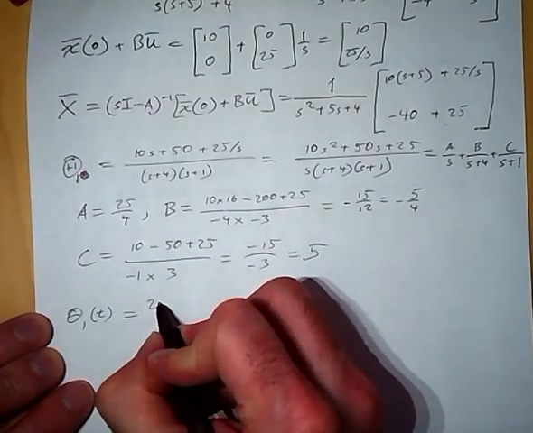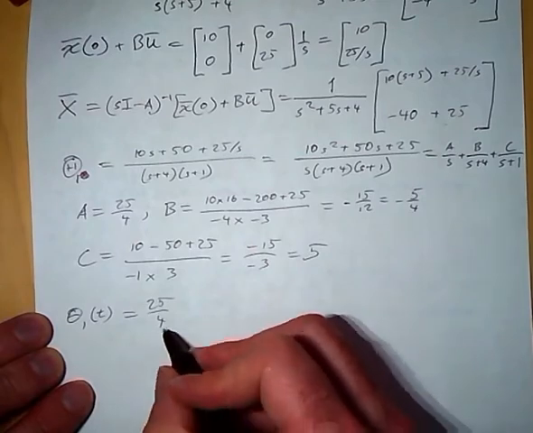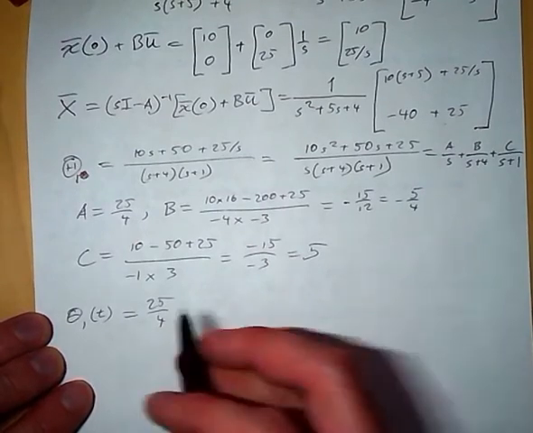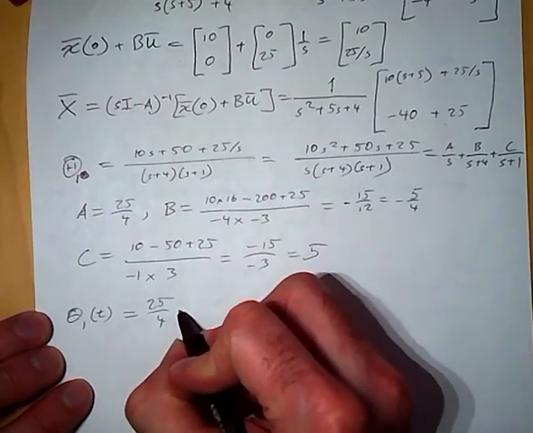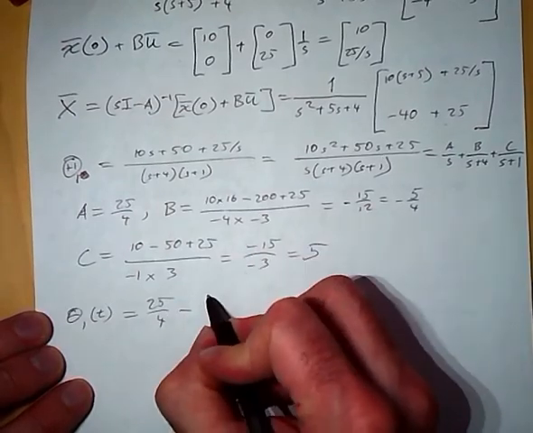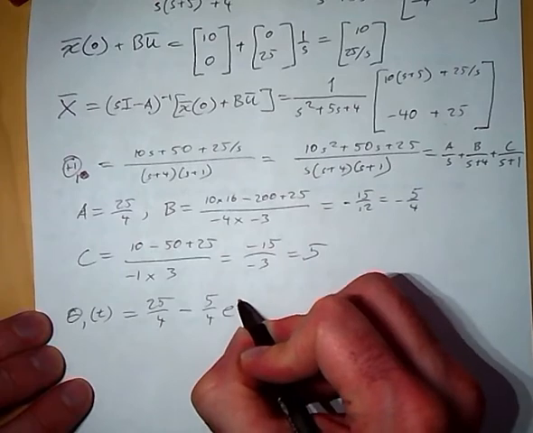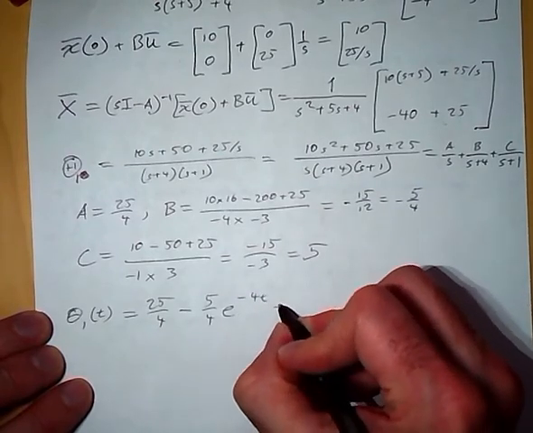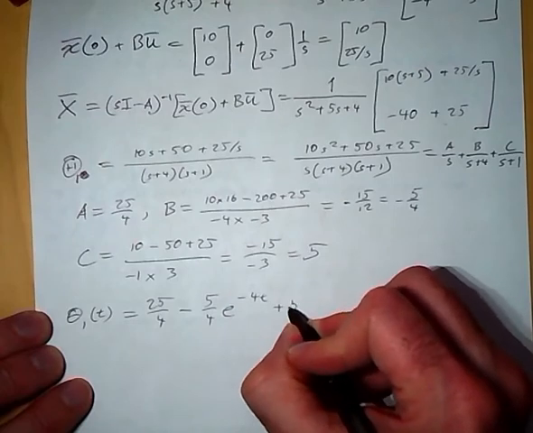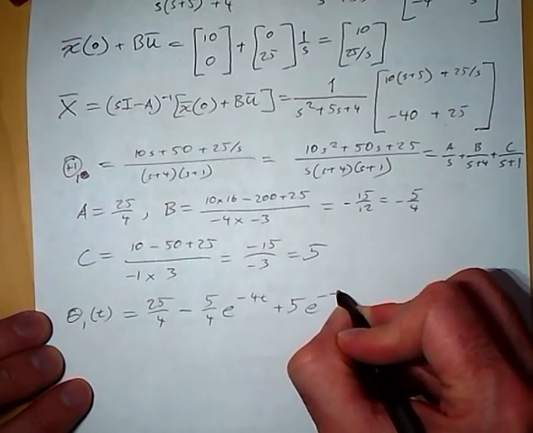we get theta 1 as a function of time is equal to A, which is 25 over 4, technically times the unit step function, but we're only interested in times greater than 0, so we'll leave that off, minus 5 fourths e to the negative 4t plus 5 e to the negative t.